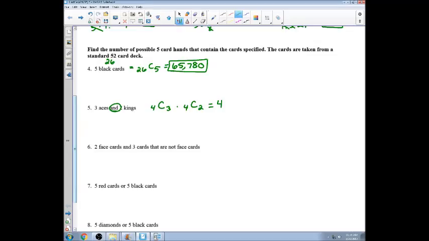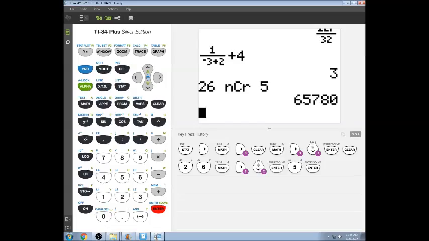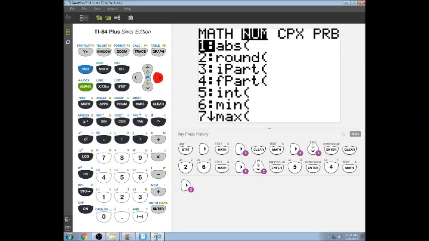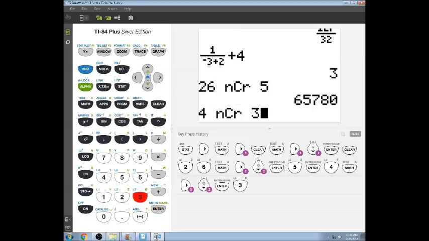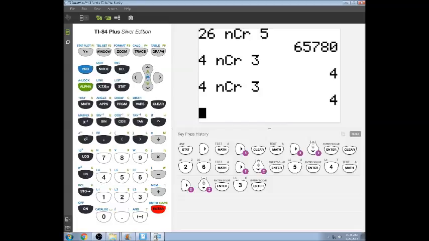And then for the possible kings, there would be 6 combinations of the kings. 4 times 6 would get me 24. Again, to use this in my calculator, what I'm going to do is type the number 4. I'm going to go to Math, Probability, go down to Combinations, and then type in 3. And that told us there are 4 combinations, which we already knew. Okay?